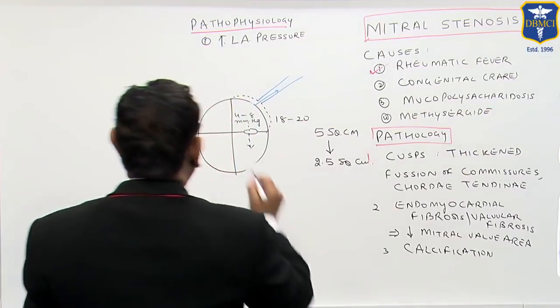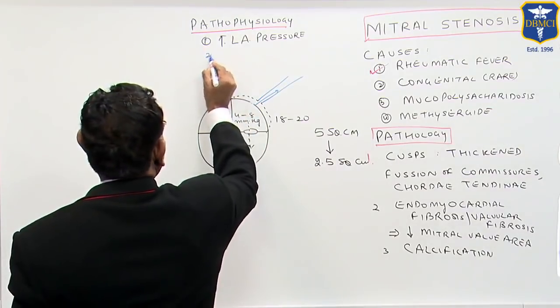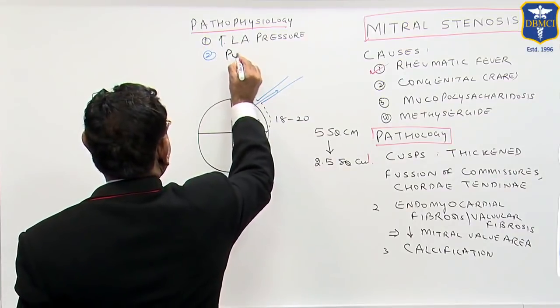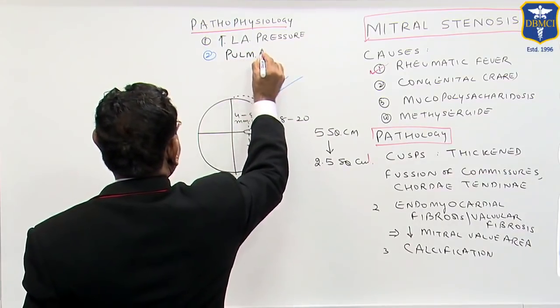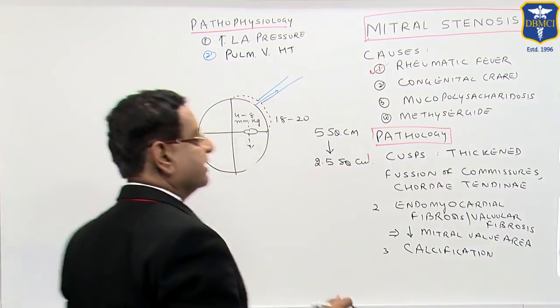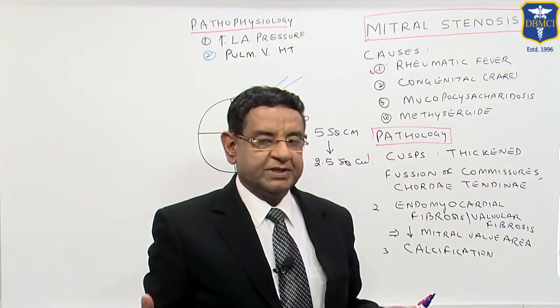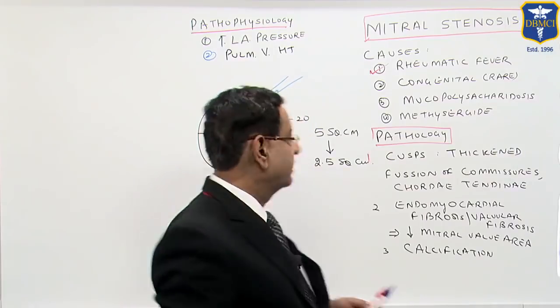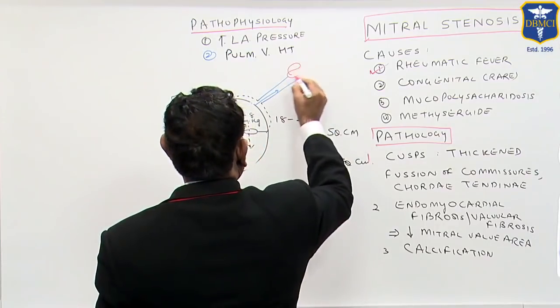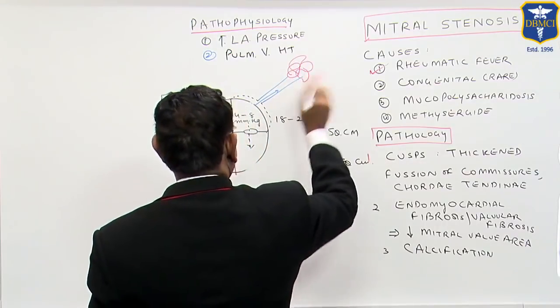So what happened? The next step is pulmonary venous hypertension. So the next step after that is the venous pressure increases in the pulmonary vein. Then again back pressure to the capillaries.